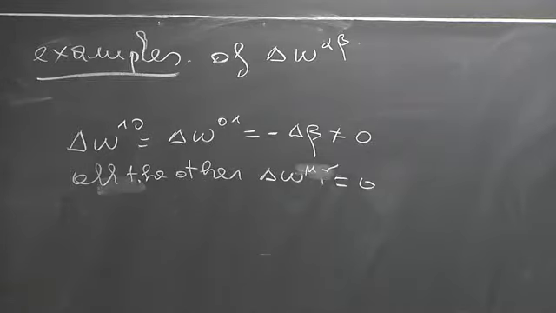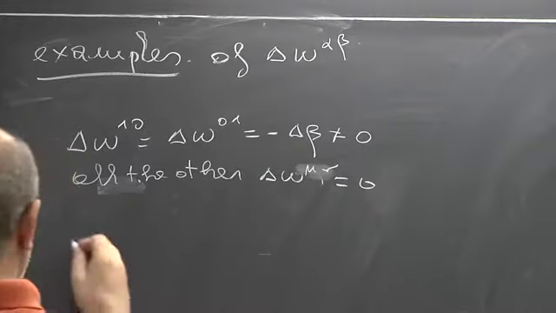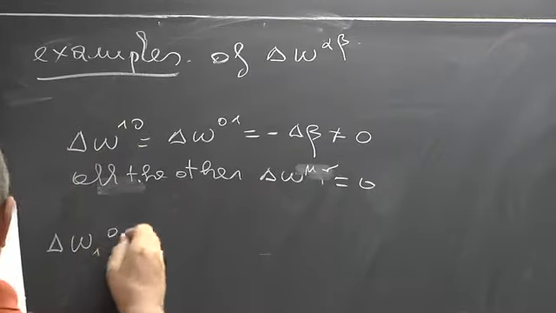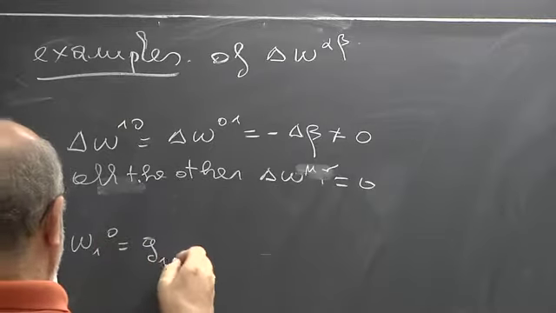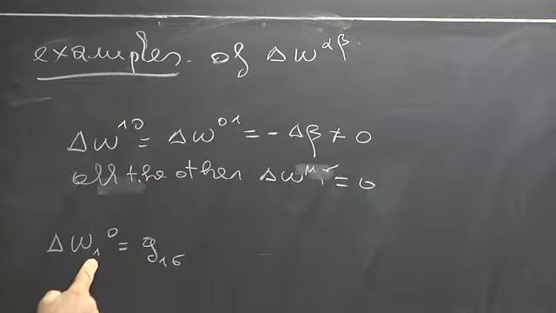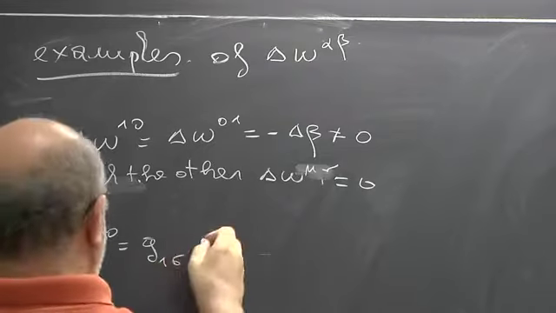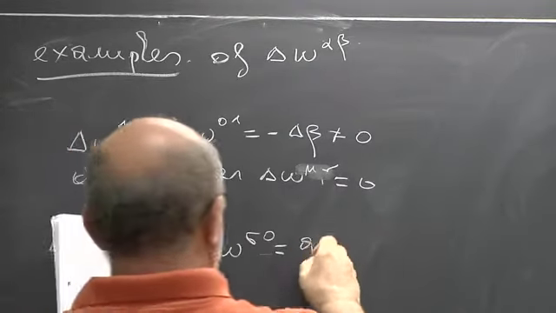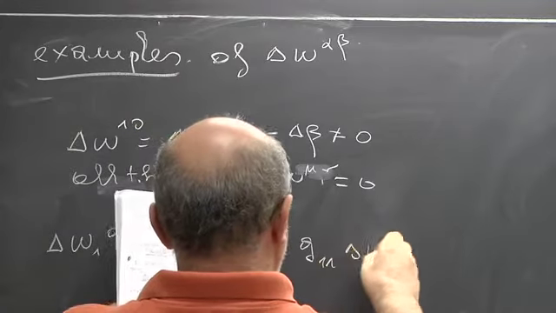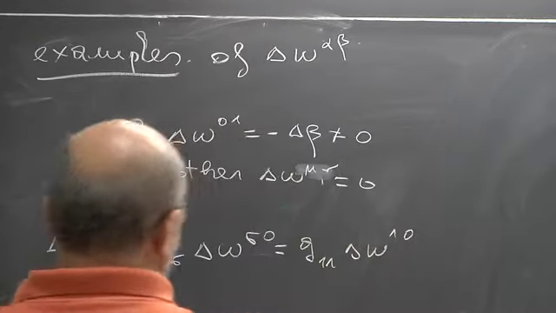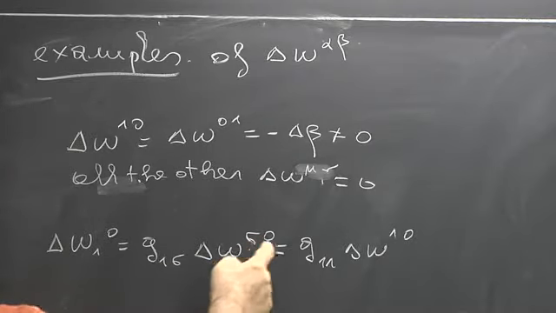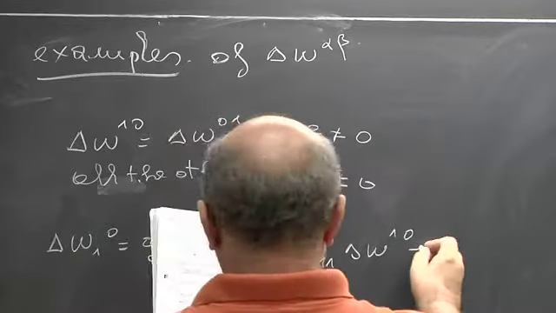Okay. Well, first of all, let's start lowering, and let's lower, for example, 1. And this we know is G1 sigma. So I take this and I lower the index 1. It is G1 sigma delta omega sigma 0. And this is G11 delta omega 1, 0. Why? Because you see, this object has only 1, 0 as an element different from 0. Okay?